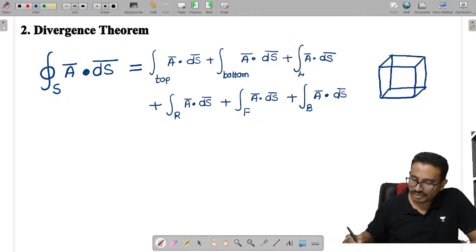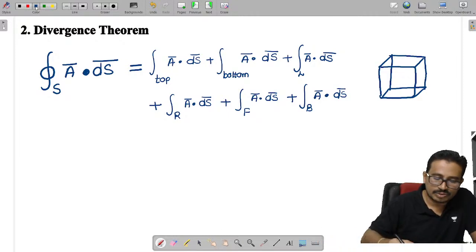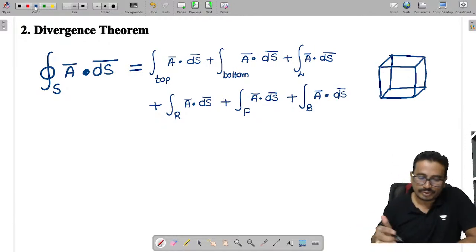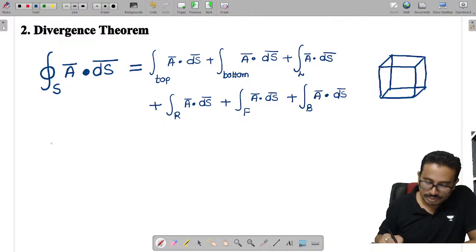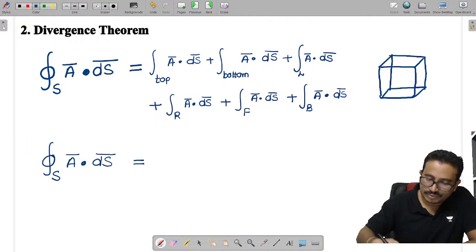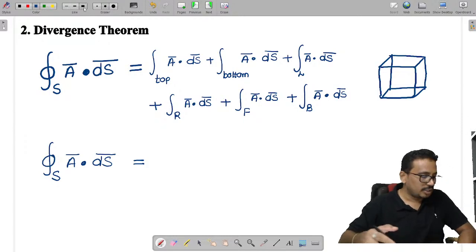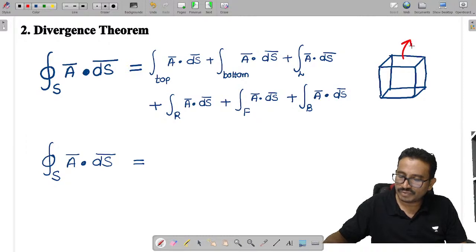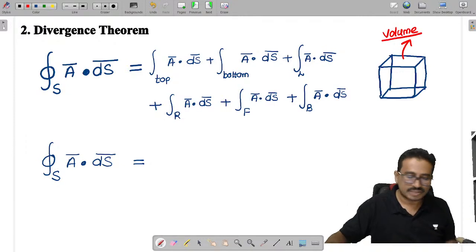Now here, instead of finding these six open surface integrals, what we are going to do is convert all these open surfaces into a single one. How is it? You see, the closed surface integral of A dot ds is equal to, now you see, this is the closed surface, and the closed surface will have what, you tell me, a volume.